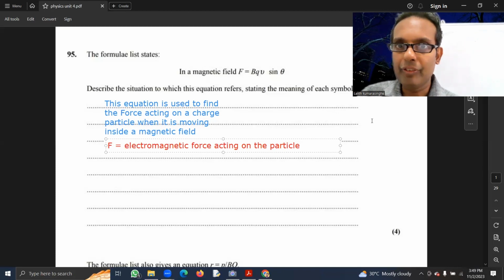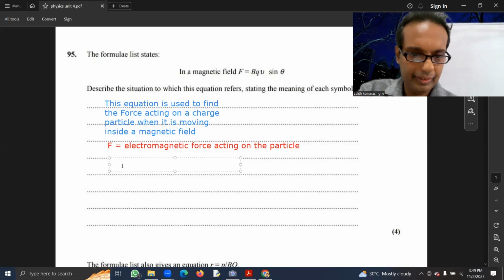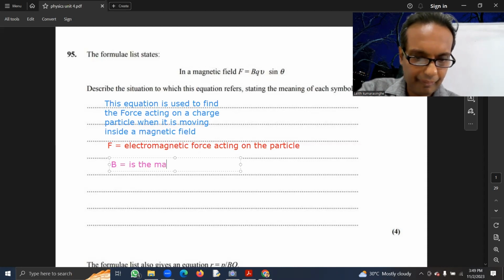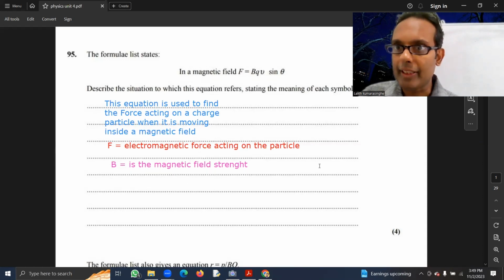F is the electromagnetic force acting on the charged particle. V is the magnetic field strength.